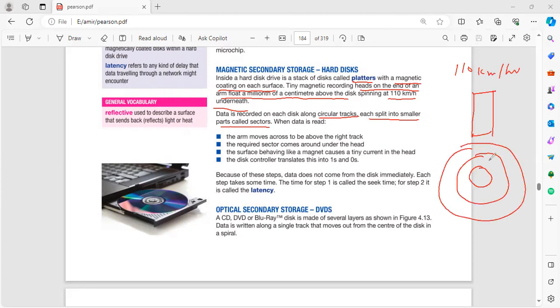This is called a track, and these tracks are divided into sectors, and each sector holds data.